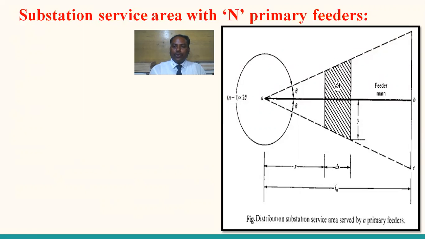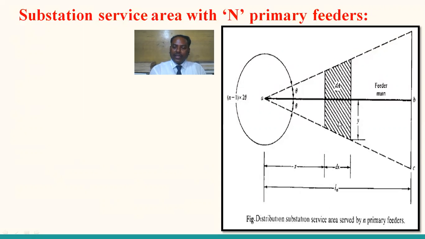Yes. So we are already assuming it is a uniformly distributed feeder. At that time, how are the voltage drops to be calculated? For such a uniformly distributed feeder, consider one point on the main feeder, located at a distance of X meters from the feed point, and also consider a small differential area with a distance of dx.